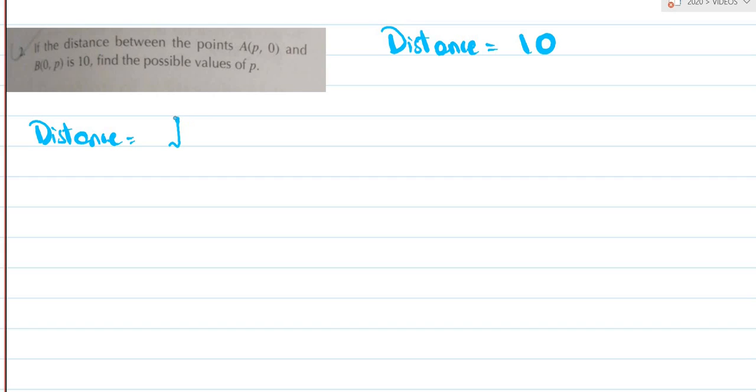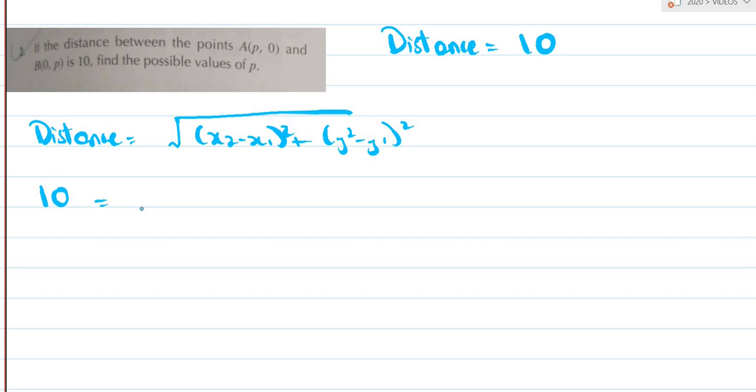equal to under root x2 minus x1 whole square plus y2 minus y1 whole square. Now instead of writing the distance, you will plug in 10, because 10 is the distance. 10 is equal to under root x2 minus x1 whole square plus y2 minus y1 whole square.